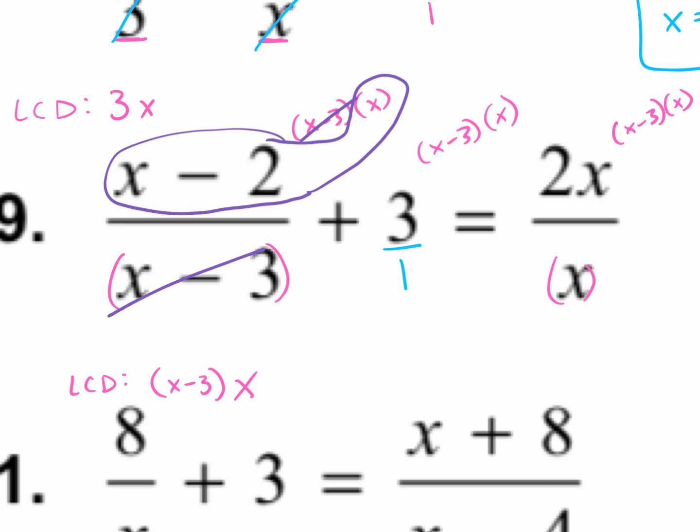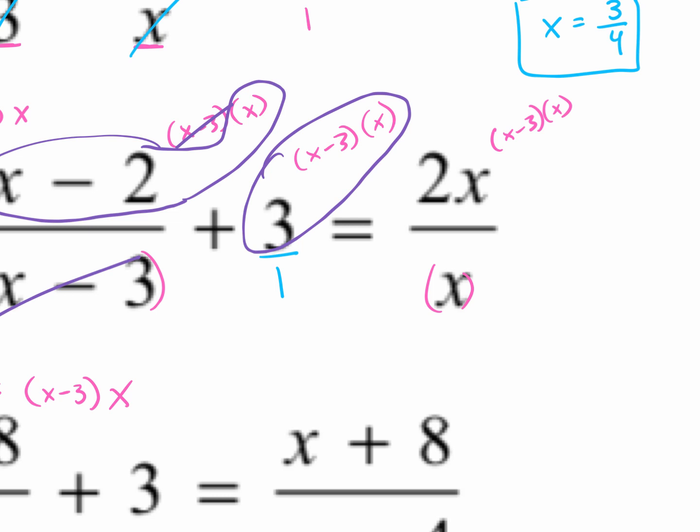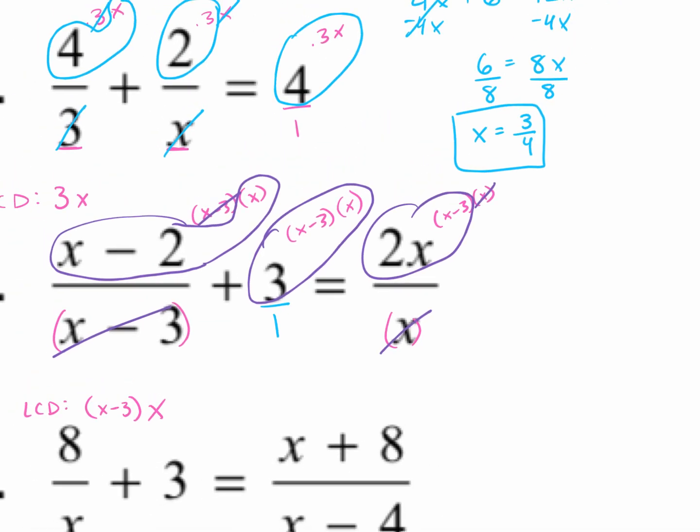In the second, I'm missing everything. So I got to multiply 3 times x minus 3, and times x. And then in the third, what would cancel out in the third one? X. So it'd be 2x times x minus 3. So let's write it all out.